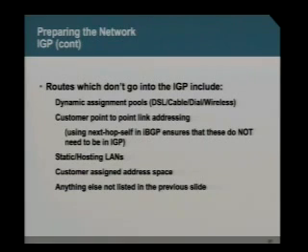So customer point-to-point link addressing, put that into BGP. Or if you don't monitor your customer connections, use next hop self instead. What next hop self does in iBGP is change the external next hop to just being your local router, your aggregation router. So you don't need to carry the external point-to-point links.